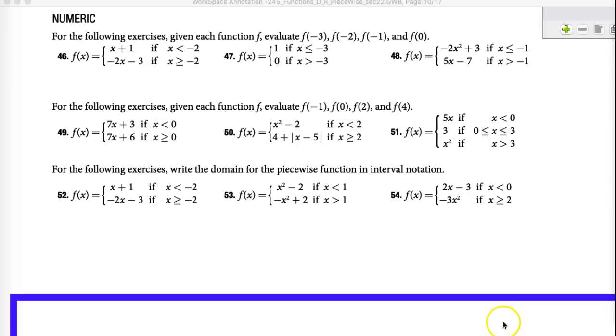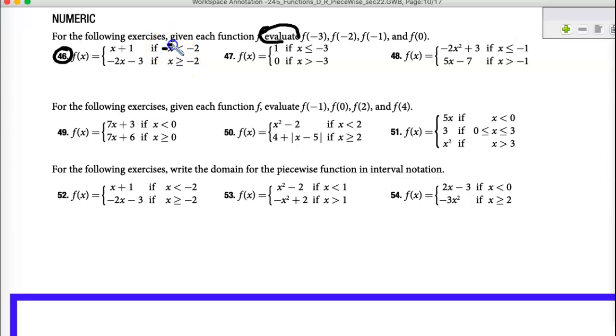So what we want to be able to do, first off, is evaluate. If a number goes in a function, then a number is going to come out. And let's take a look here at number 46. So f of -3. Well, you have to decide where -3 lies on this interval.